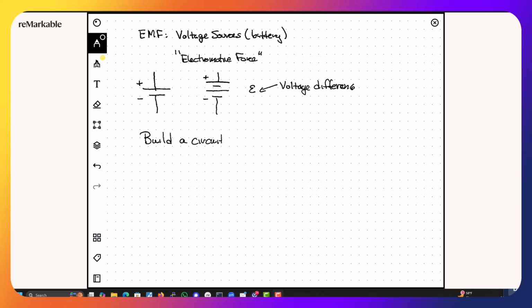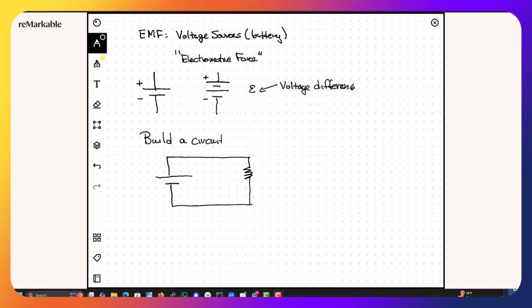So how are we going to build our circuit? Well, let's have a battery, some perfect wires, and a resistor. There's a circuit. Actually, simplest circuit you could have.